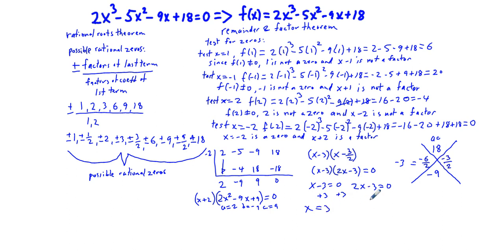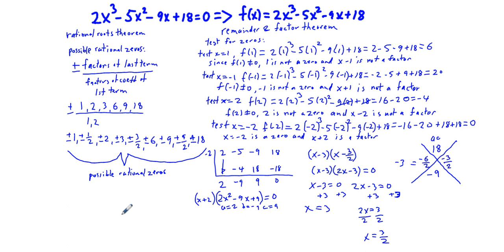Over here on the right one we add 3, so we get 2x is equal to 3, and dividing by 2, we have x is equal to 3 over 2.